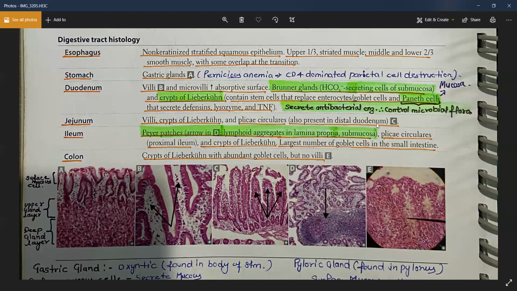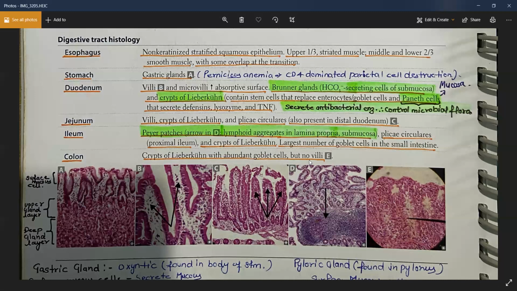Very important. Then for the colon, you do not have many villi to increase the area, but you have an abundance of goblet cells. As you can see in the histology, you will have an abundance of goblet cells without any villi. So if they show you a histology of a segment of the intestine which has no villi but abundant goblet cells, that means it is the histology of the colon.